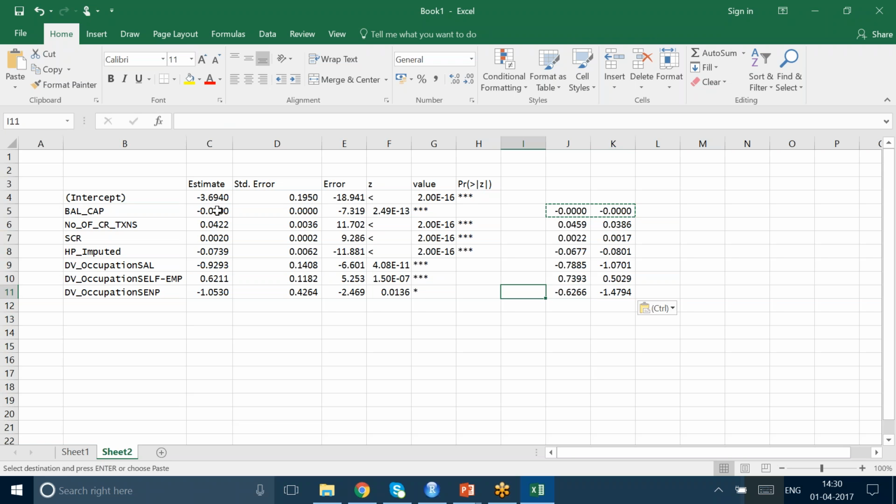Why is the balance beta coming to be so small? Minus 0.0003736 something. Why is the balance beta coming such a small value?